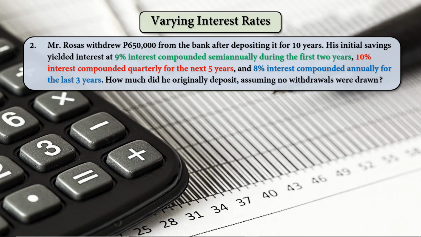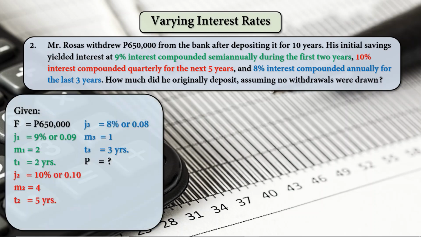How much did he originally deposit assuming no withdrawals were drawn? So, yung mga given natin, inonote natin siya. So, our F is 650,000 pesos kasi ito yung withdraw niya sa bangko after 10 years. So, yung hinahanap natin, yung original deposit ni Mr. Rosas. That is our P.